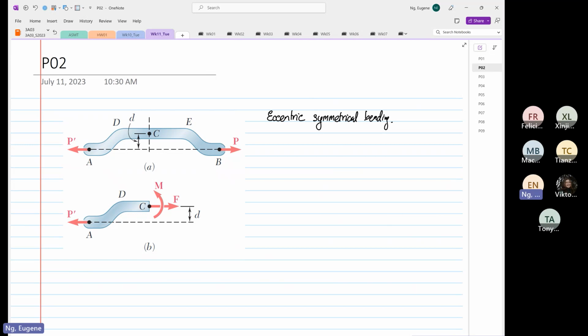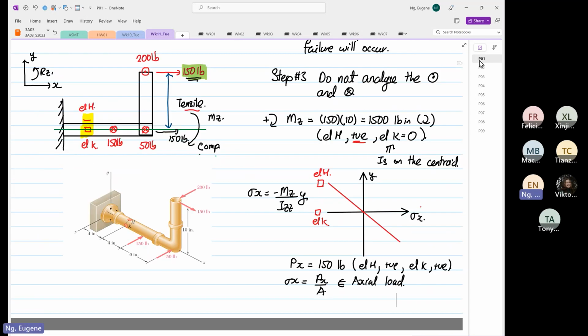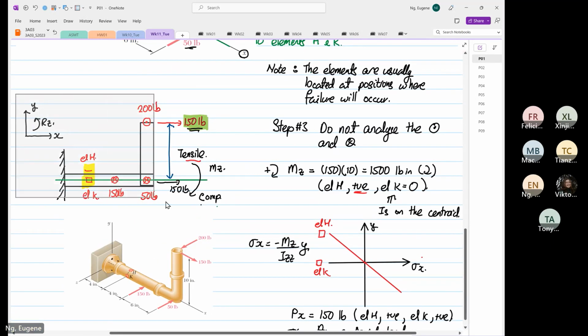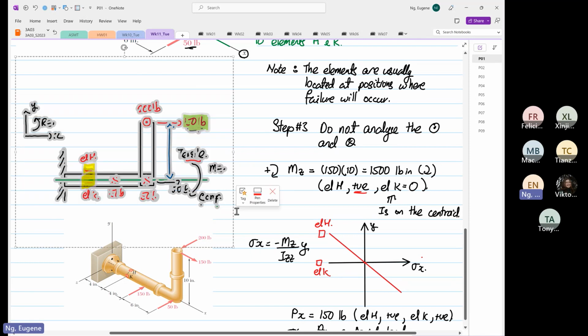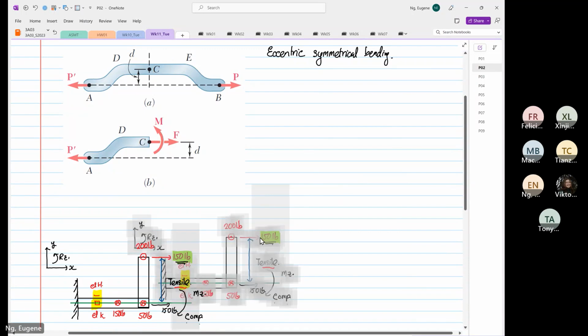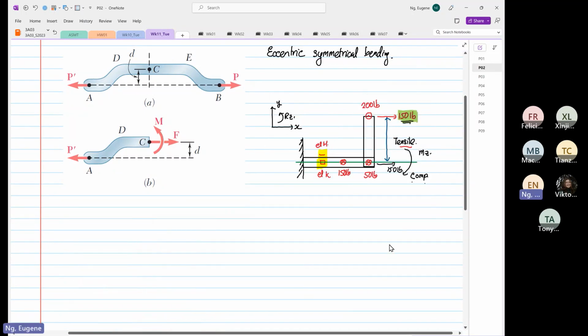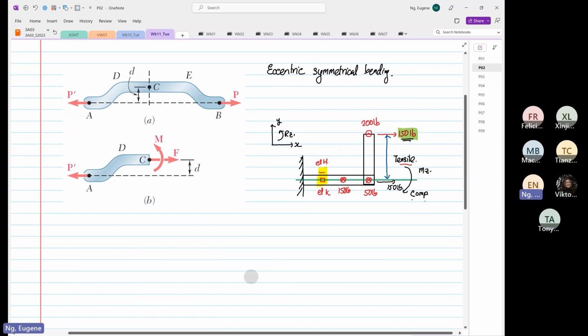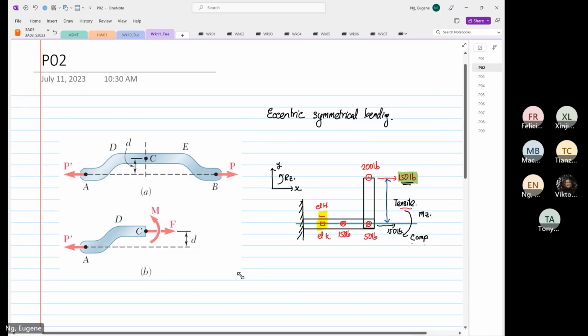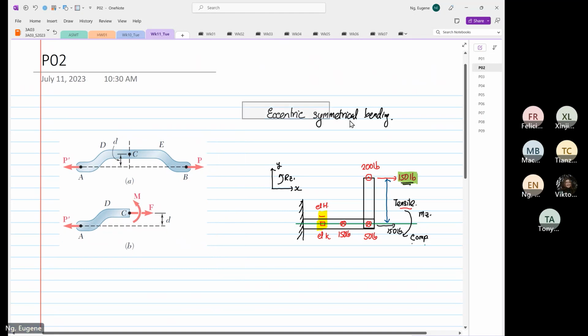So let's bring our figure over. I'm going to try to copy this over. I want you all to be familiar with what we're looking at. On the right is our structure. On the left is a theory where we have eccentric symmetrical bending.